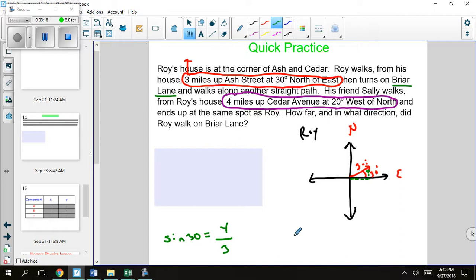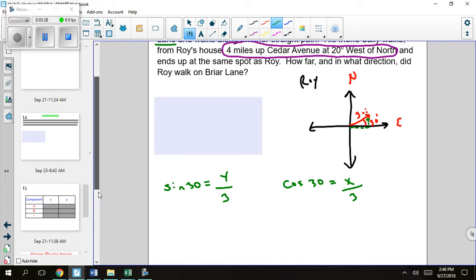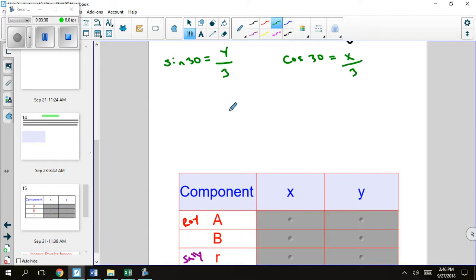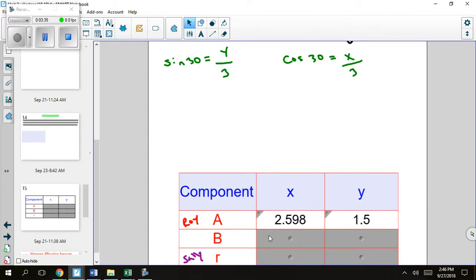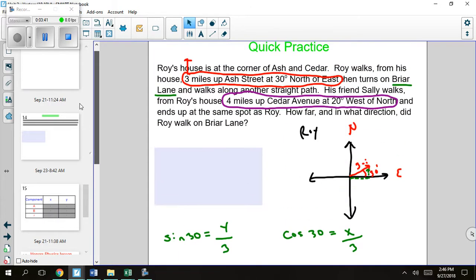Then we're going to take cosine of 30 degrees. That'll equal our x over 3. And you should end up with 2.598 and 1.5. Sweet. Now let's look at Sally's.